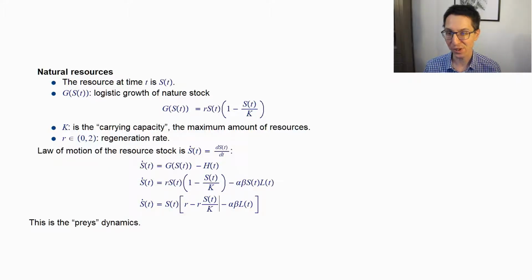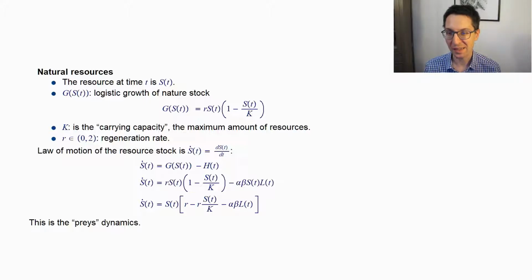So this equation is important. It's the prey dynamic in the Lotka-Volterra model. It's a differential equation because it links the derivative of S of t with the stocks of prey themselves, S of t, and of predator, L of t.